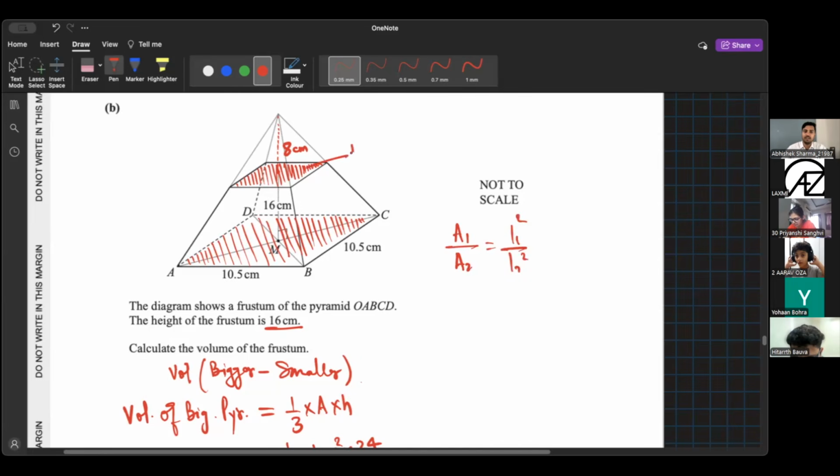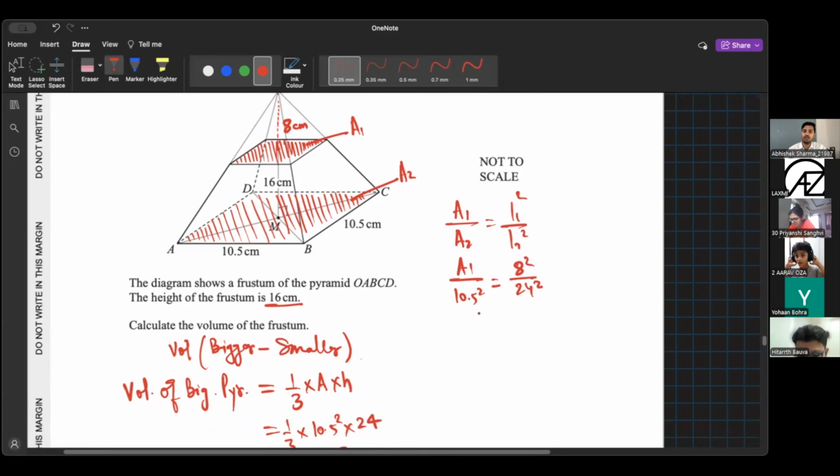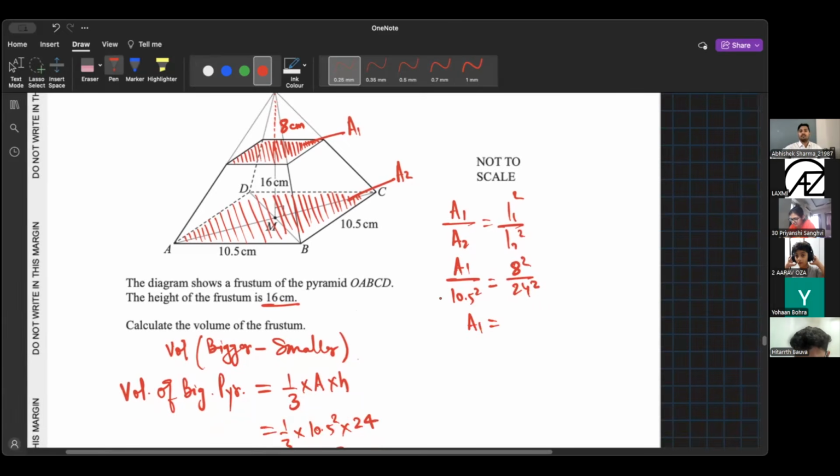Let's say this is A1 and this is A2. A1 is unknown, A2 is 10.5 square, L1 for the smaller one is 8, so 8 square, L2 for the bigger one is 24 square. So A1 will be, let's do this in the calculator: 8 square into 10.5 square divided by 24 square, and the answer is 12.25.